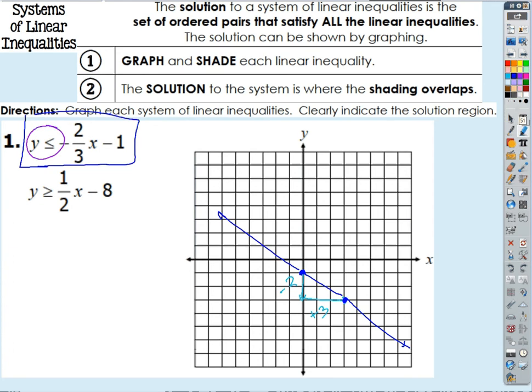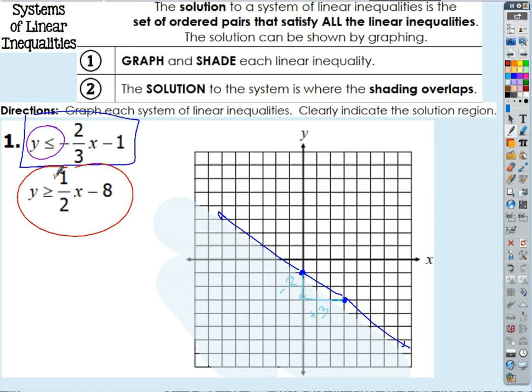Okay. And then I'll just do this. Make it real light. Okay, good. Okay, other boundary line. This one's going to be red. Like the very last one.